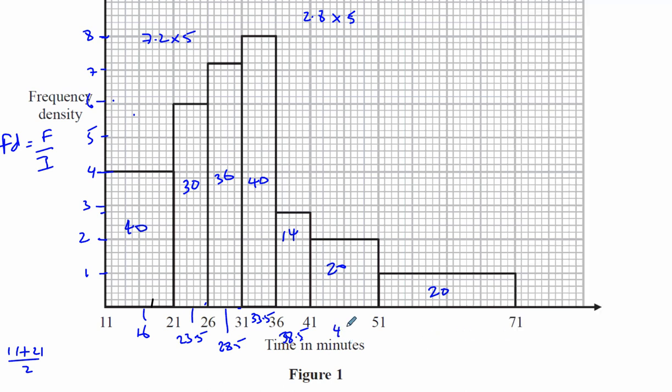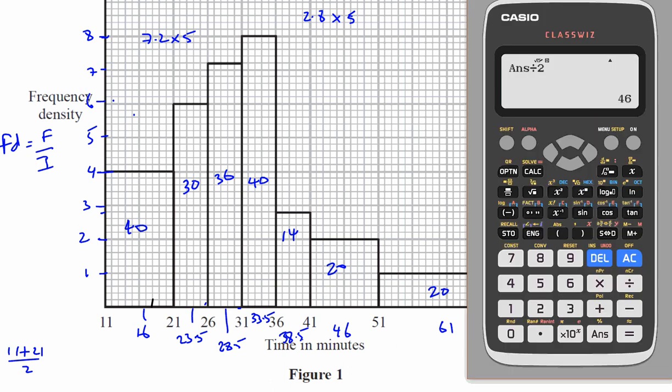And then 51 to 71 is 122, and 122 divided by 2 gives you 61.